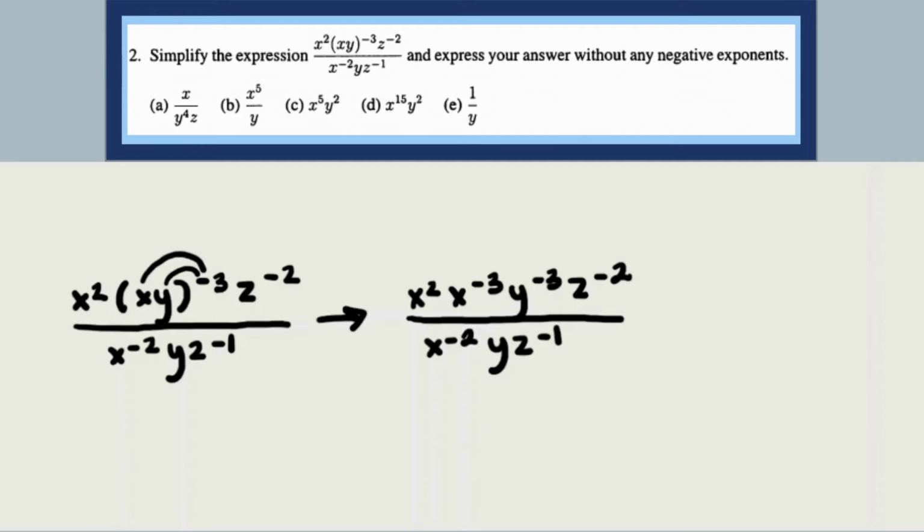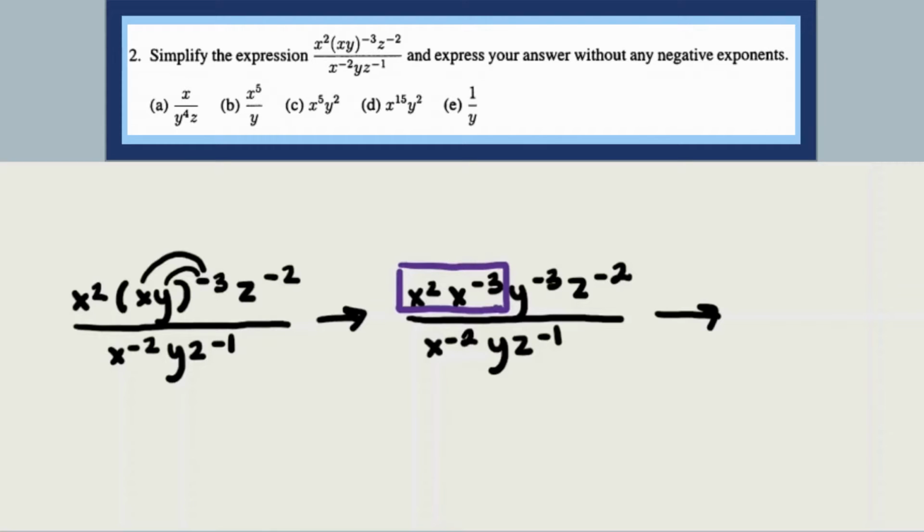Alright, so now that we've done that, we're next going to simplify our numerator a little bit. If you look, in our numerator we have x squared times x to the negative 3. We can actually combine those x's. Remember, when you multiply exponents, it's really adding.